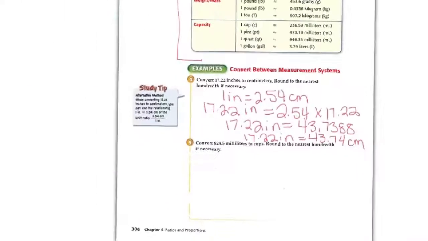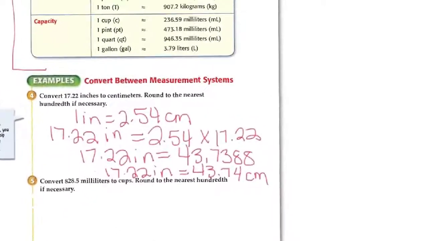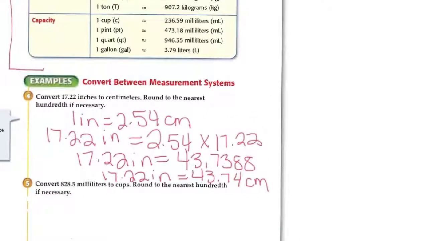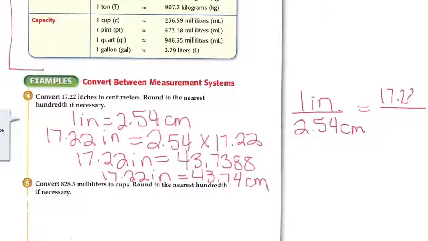Let me show you the other way that I would do that, just to make it easier, because sometimes I think it's hard. You don't know whether you should be multiplying or dividing. So I set up a proportion: 1 inch to 2.54 centimeters. And then I would set up my equivalent ratio over here. What I'm given in the problem is inches, so I put that on top because I have inches on top.